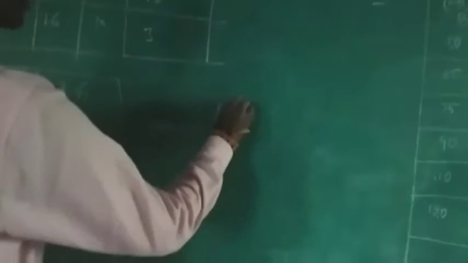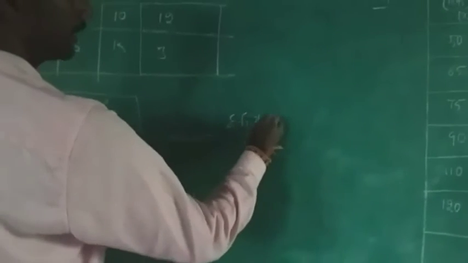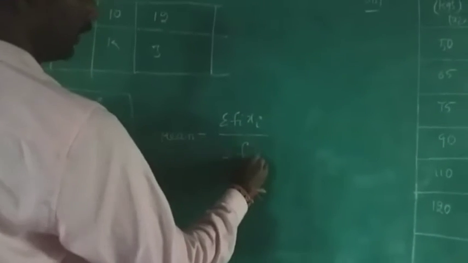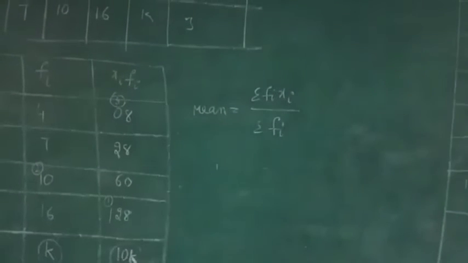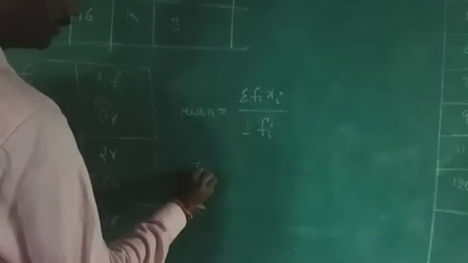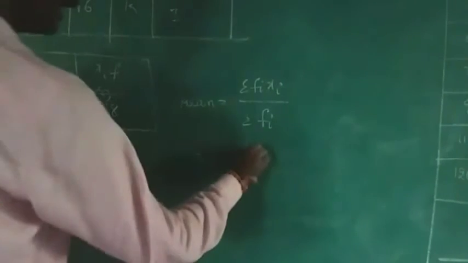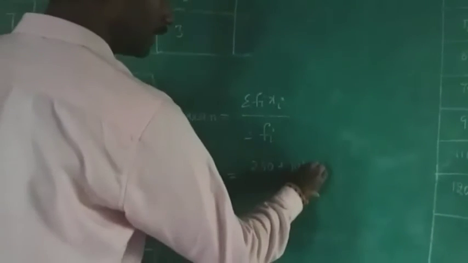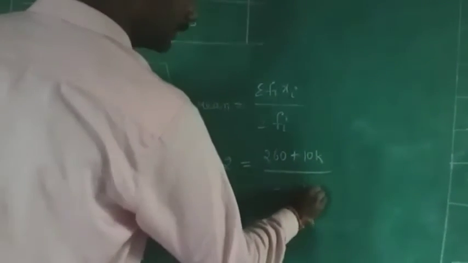Now we know the mean formula. Mean is equal to summation fi xi by summation fi. In the question it was clearly mentioned what the mean is. The mean is given as 7.2, which equals summation fixi, you got 260 plus 10k, by 40 plus k.